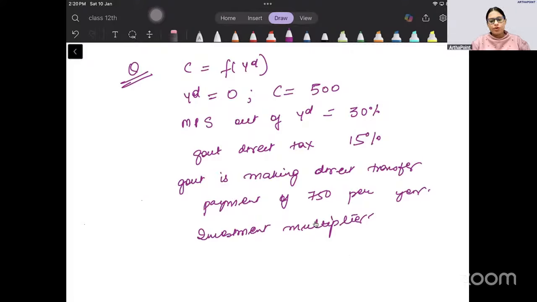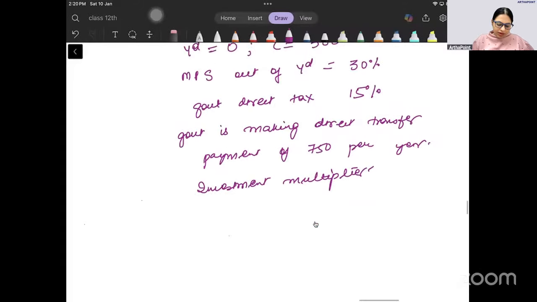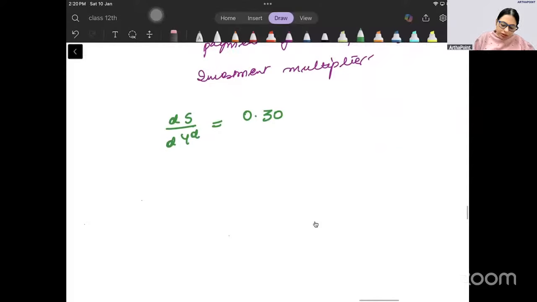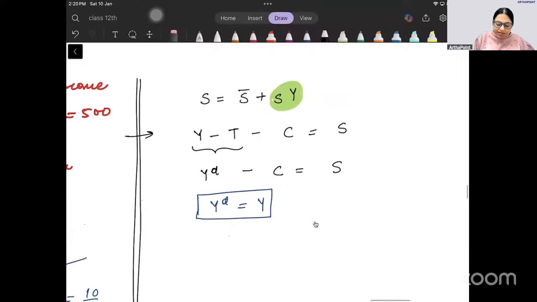Okay, let's see. Marginal propensity to save out of disposable income is 30%, so MPS out of disposable income is 0.30. Disposable income can either be consumed or saved, after I've paid the tax. Once I've paid the tax, I'm left with disposable income. This disposable income can either be consumed or saved.